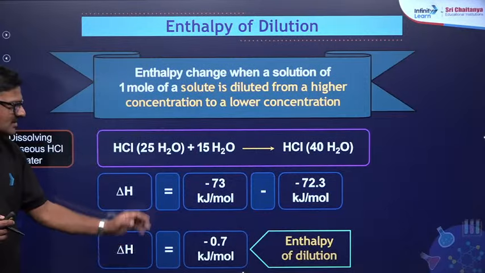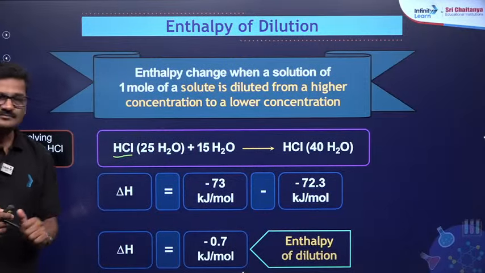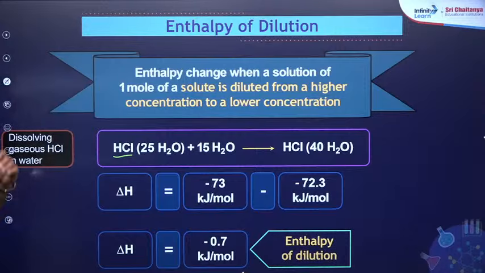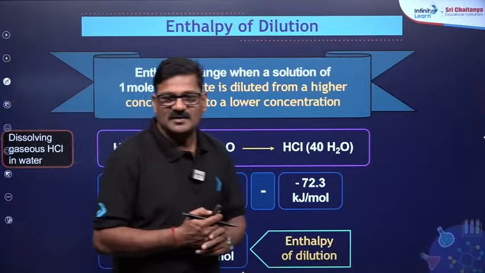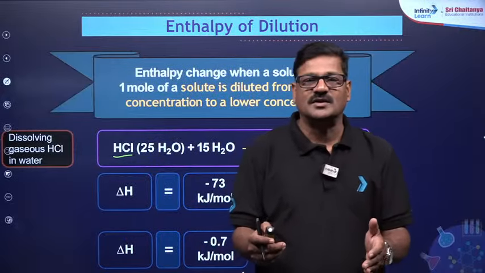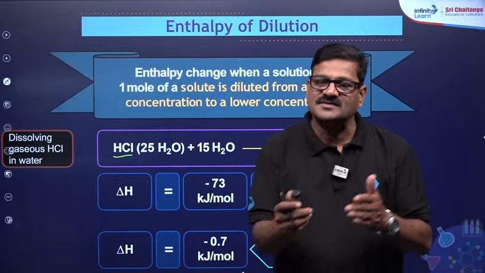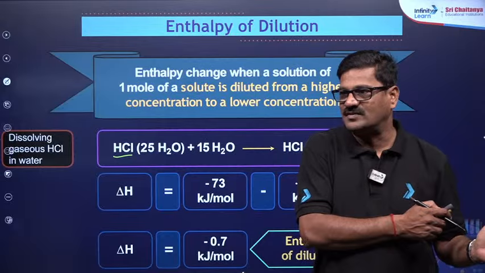Enthalpy of dilution depends upon the nature of the solute. Okay, dissolving gaseous HCl in the water and you will get a dissolved HCl, and the dissolved HCl is going to give another concentration.